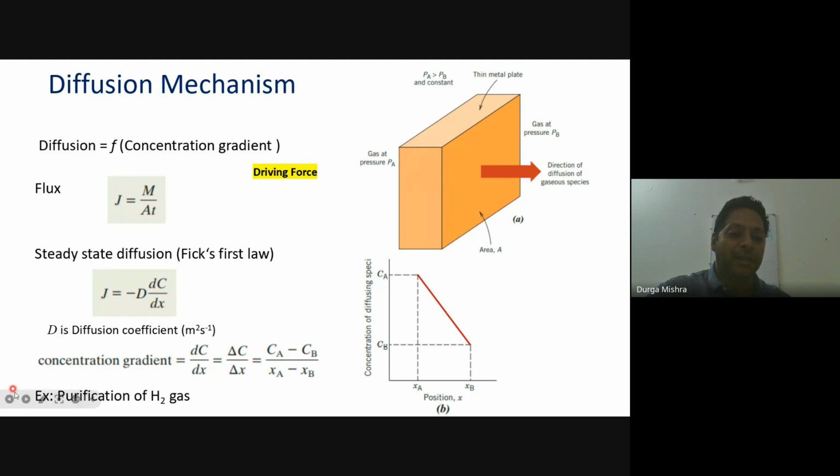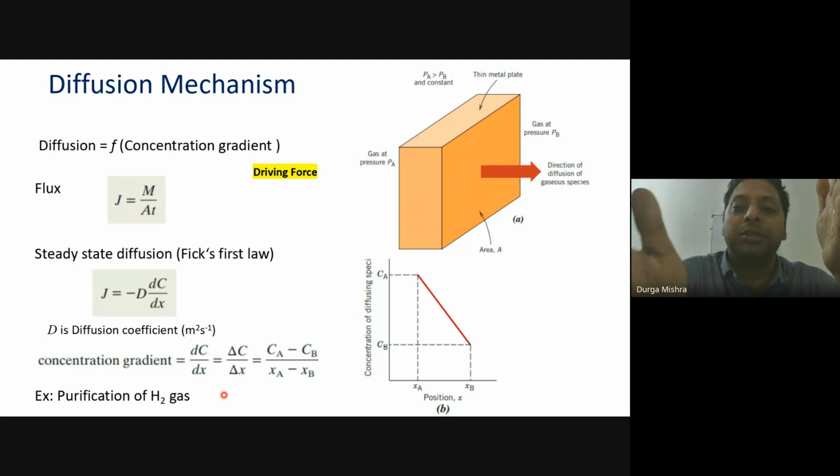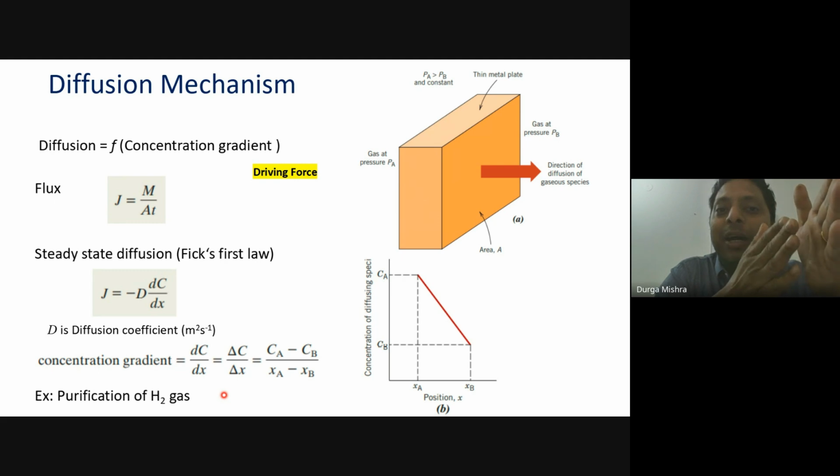There is a very good example of how this is used for purification of hydrogen. You take a mixture of hydrogen, oxygen, nitrogen, and many others, like an impure gas, and you want to filter out only hydrogen. What people normally do is put a metal plate made of palladium. Palladium is a special material because it allows only a selective diffusion of gas, and that selective gas is hydrogen.